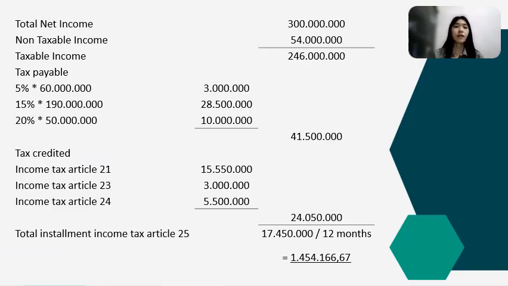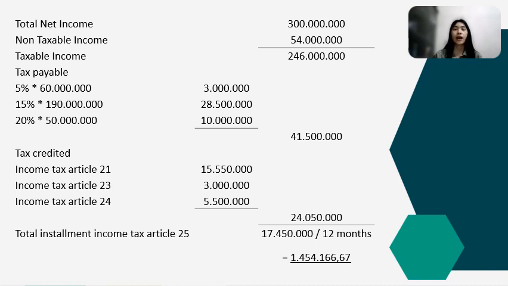We know that the total net income for Andre is 300 million, and since he is married, the non-taxable income is 54 million. Then we get the taxable income by deducting the non-taxable income from the total net income.